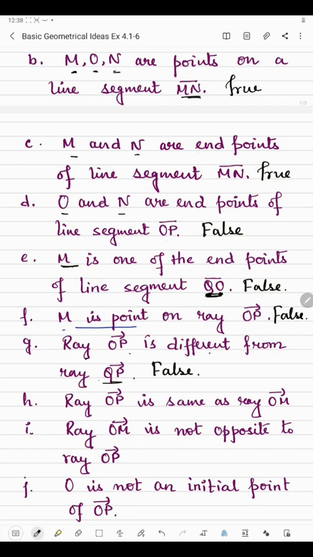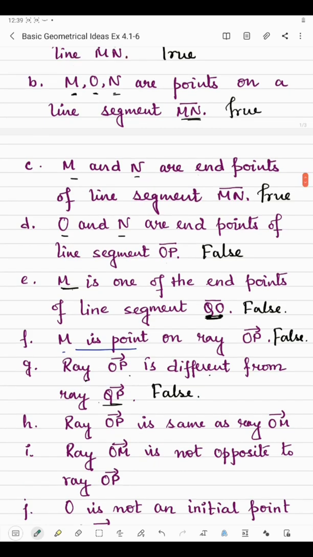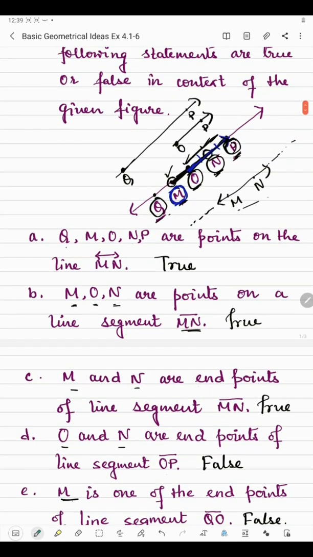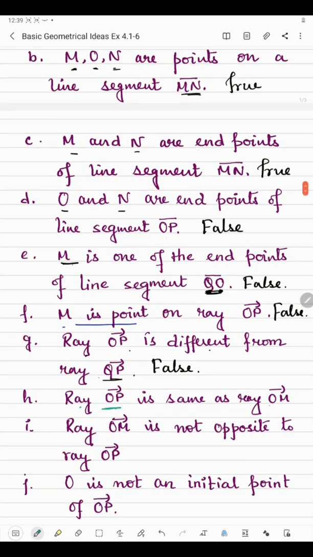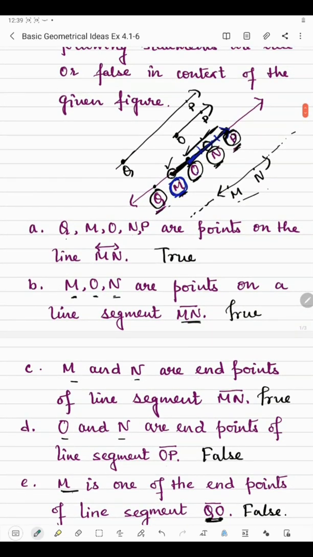Now coming to H part. Now H part says ray OP is same as ray OM. Now let's check in the figure where is ray OP. Here is OP and OM. See, this is OP, right? And this is OM. Now see, these two are different.